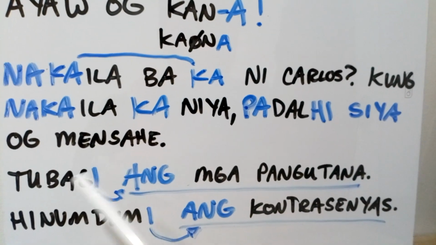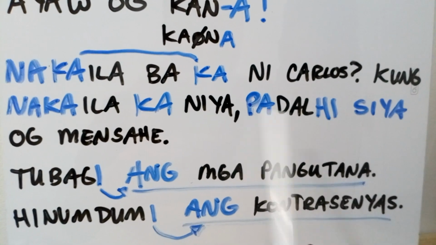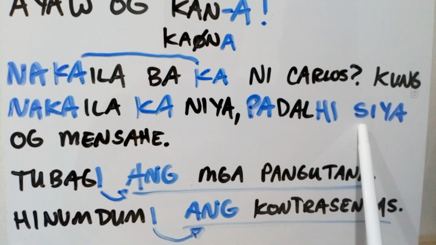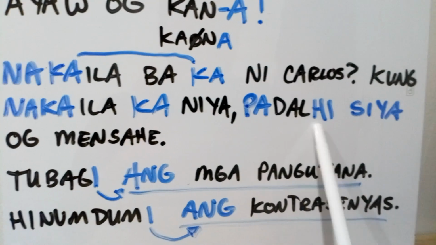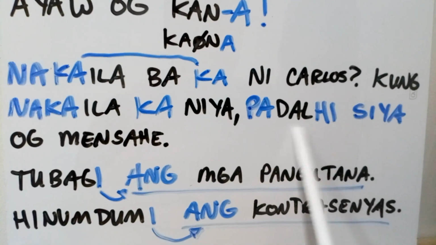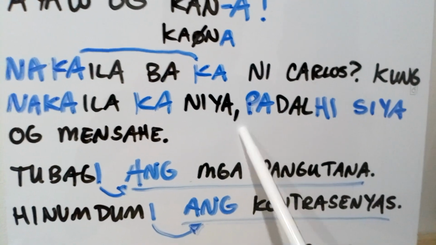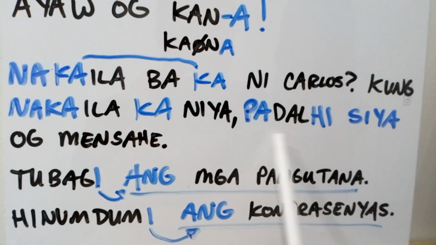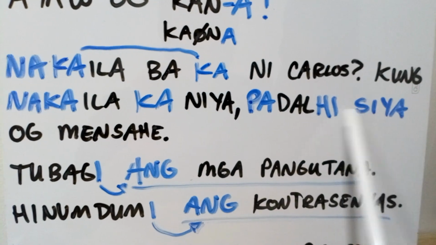Bring him a message, but this is better translated as he is the one that's going to receive a message from you, because again, he is in the absolutive case, whereas the verb is conjugated in the non-focus, so we are less important than he is, but the less important verb that's been conjugated has told us an object is to be done to him, right? An object of mensahe kaniya.